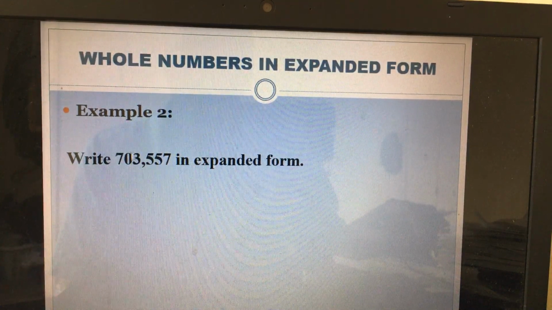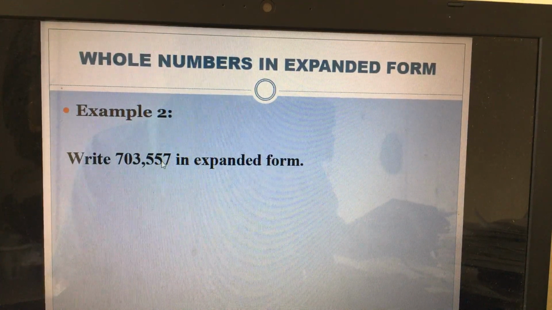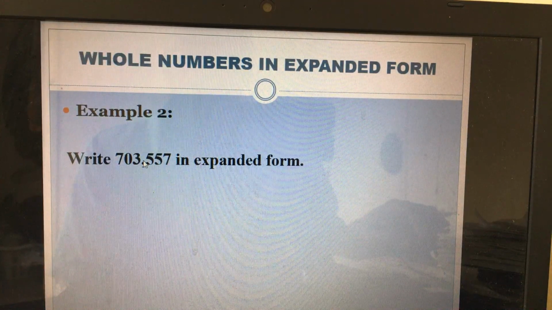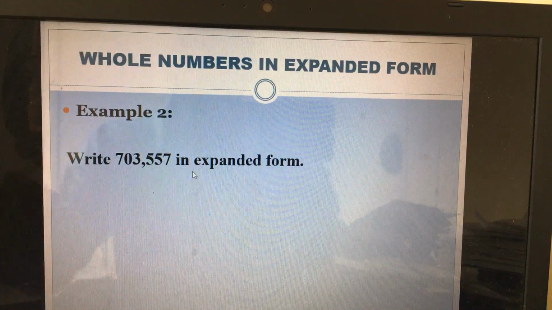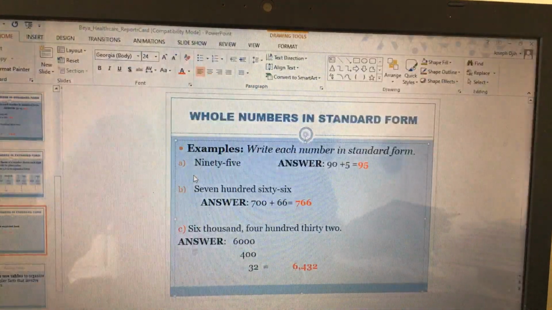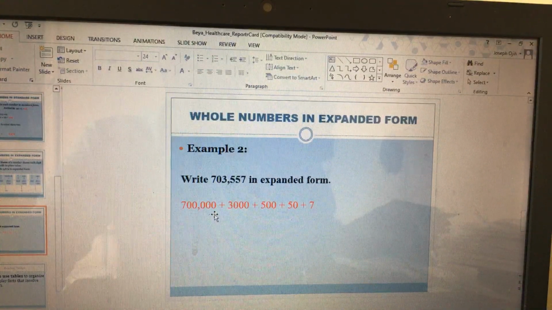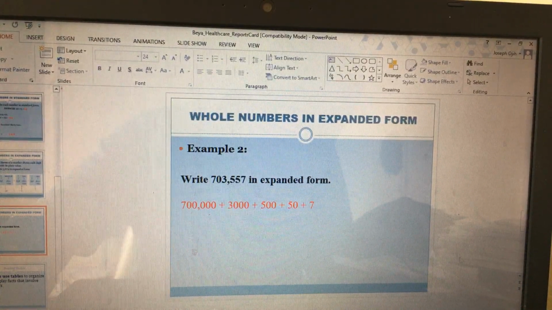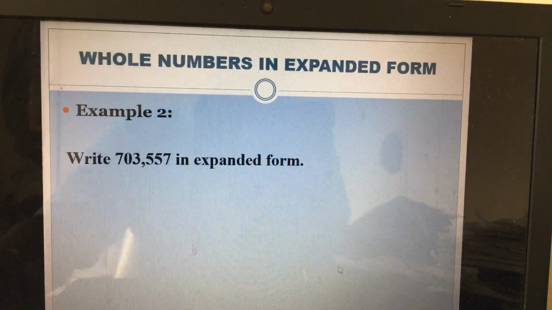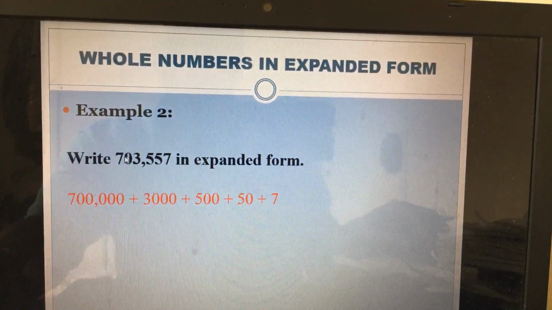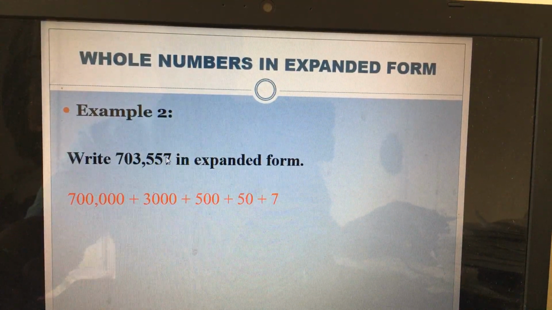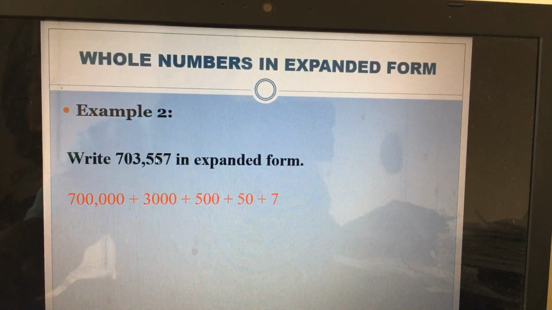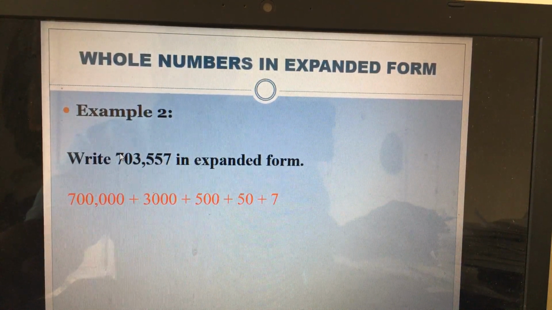It says here, write 3,557 in expanded form. So I'm going to write it here so you can see the steps. Now let me make it bigger. So you can see right here, if you count from the right to the left, you see ones, tens, hundreds, thousands, 10,000, 100,000.